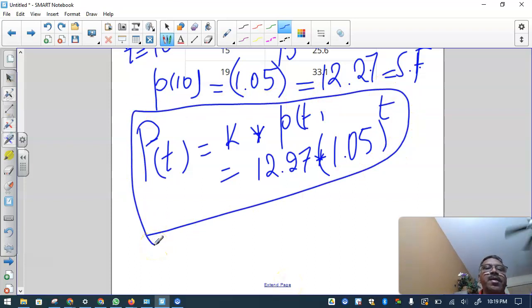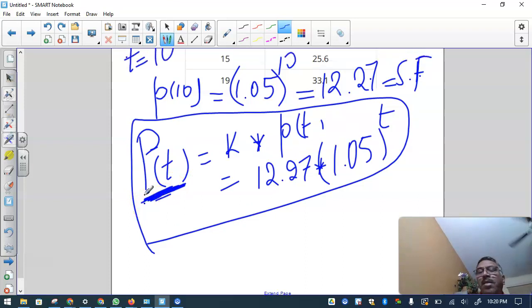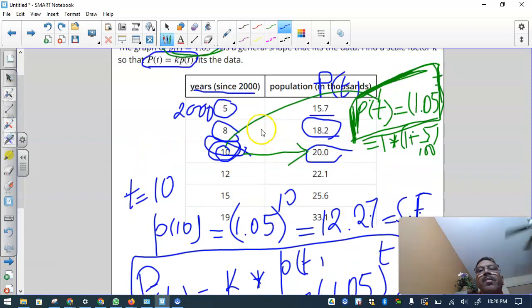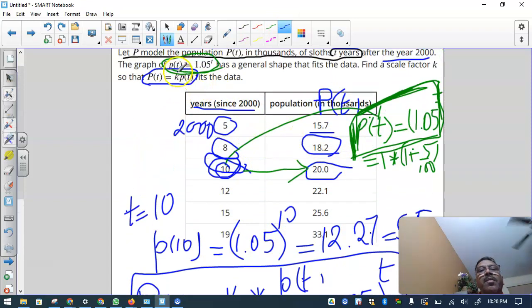The question was, what was the new one? In the problem, you see, this is the data. We want to have a function, and they wanted us to know what that k is. This k is the important part: by what scale factor the old one gets stretched.